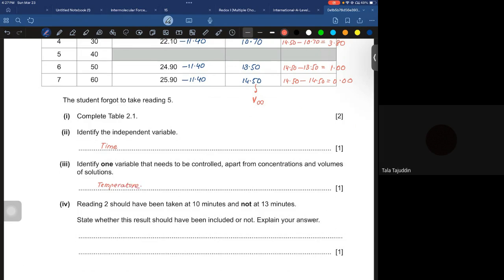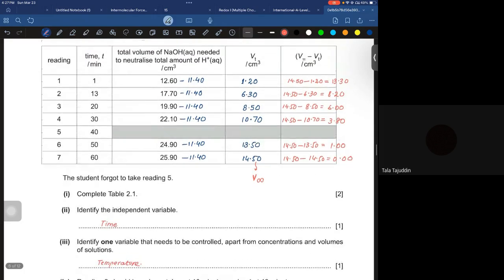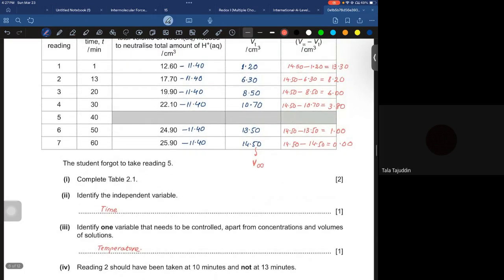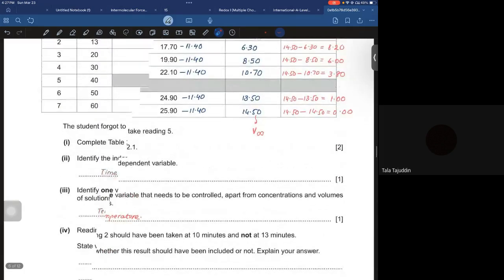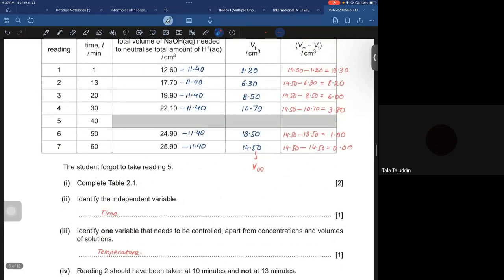Okay, reading 2 should have been taken at 10 minutes and not at 13 minutes. State whether this result should have been included or not. Explain your answer. Reading 2 should have been taken at 10 minutes because all the readings are, you can see, 20, 30, 40, 50, 60.